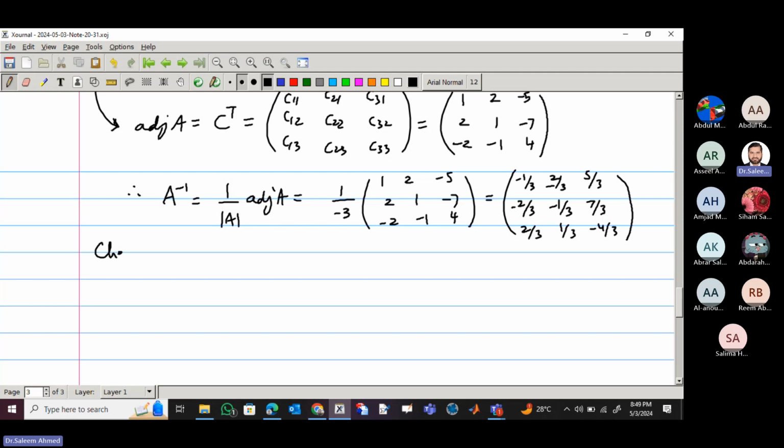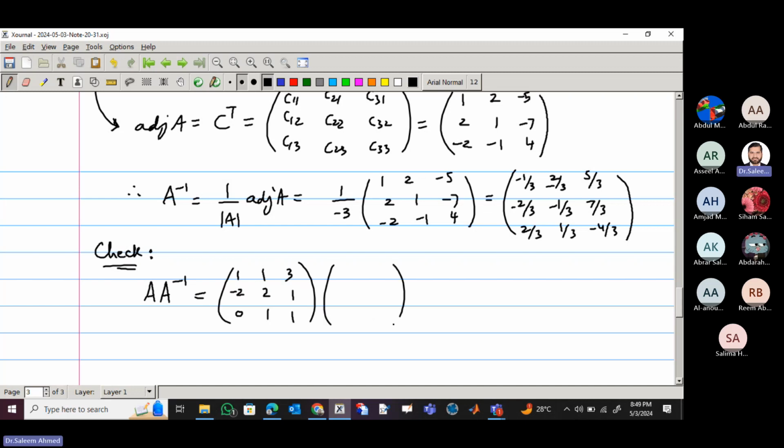Now you can also check whether your inverse is correct or not, right? You can verify it. How? We can multiply A with A inverse and your answer will be I. Write A here. 1 minus 2, 0, 1, 2, 1, 3, 1, 1. Right?